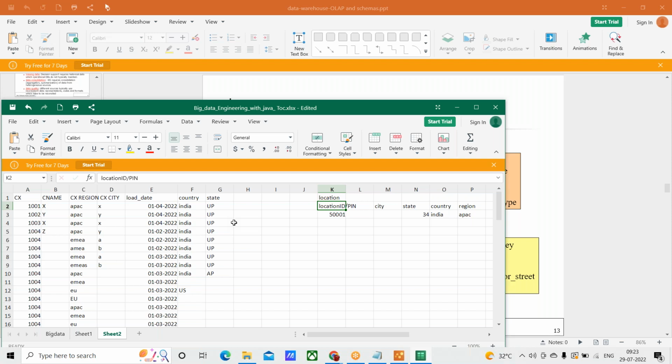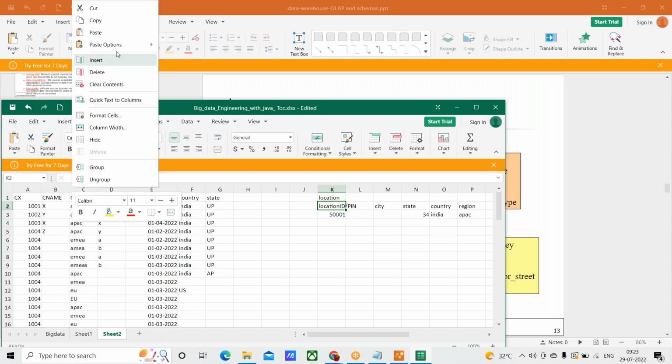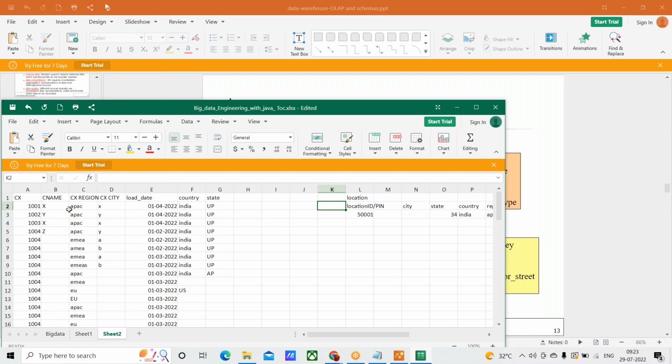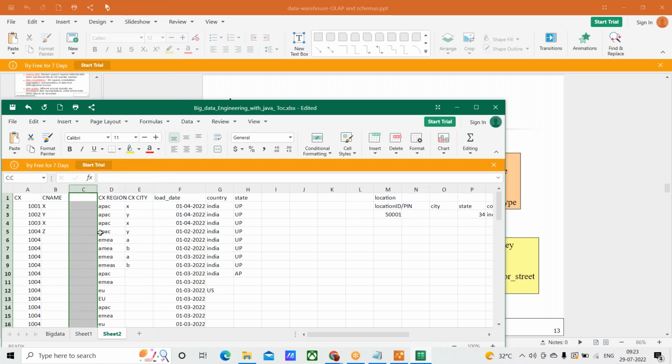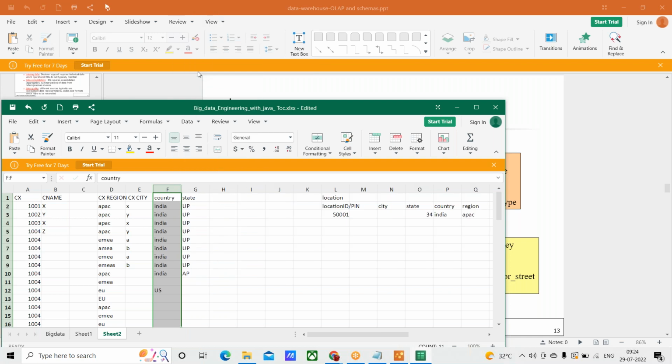Okay. So now, for example, I have divided this customer table into customer ID, customer name, customer email, and the city, state, all those things into another table.